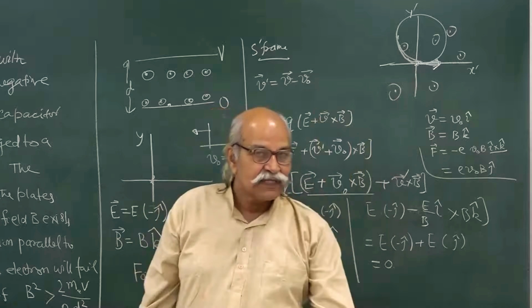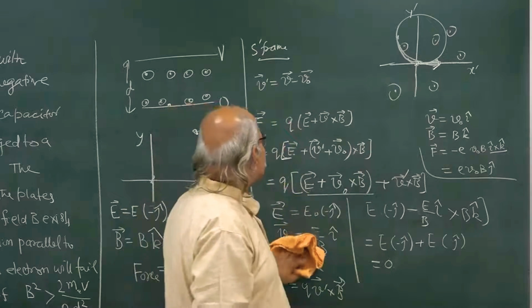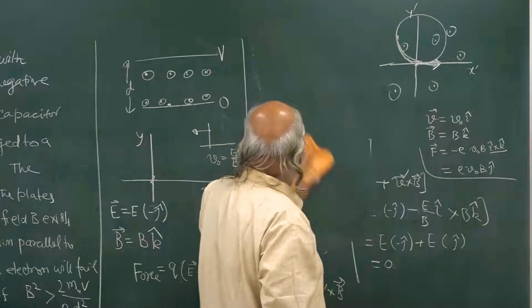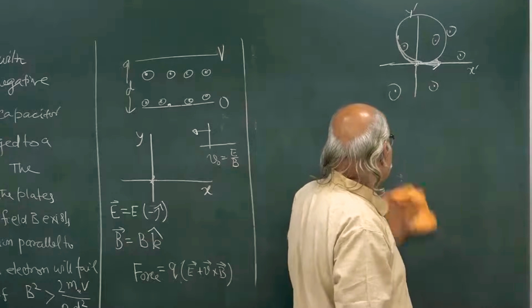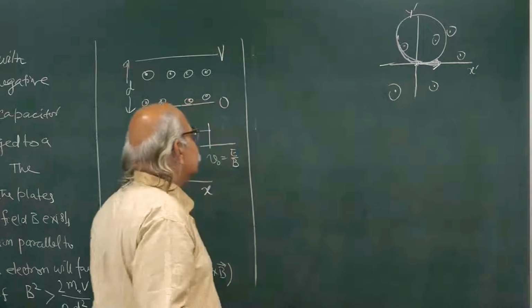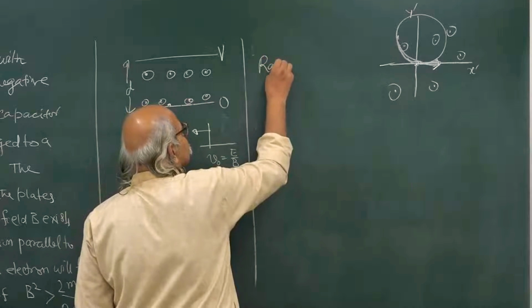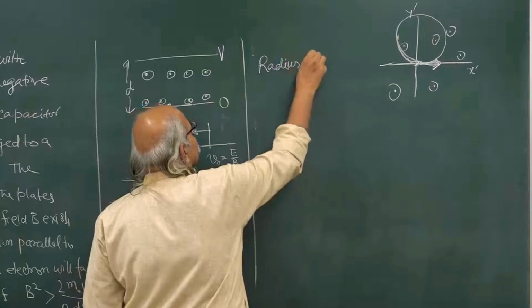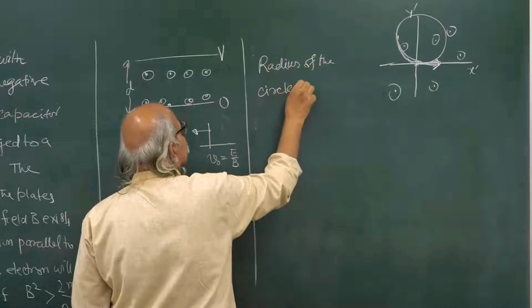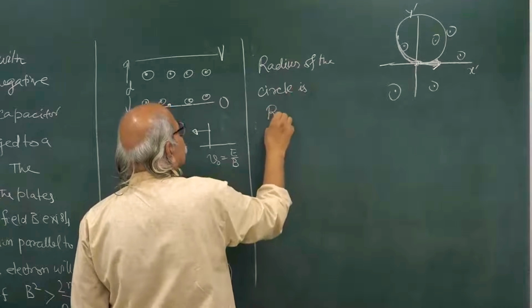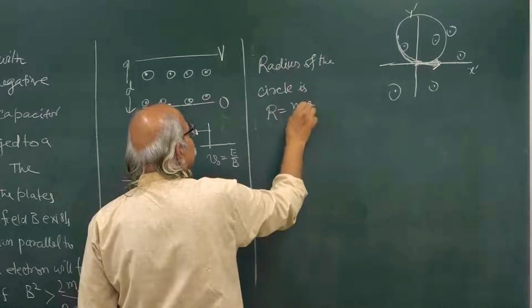What is the radius of this circle? Radius of this circle is R equal to mv by qB.